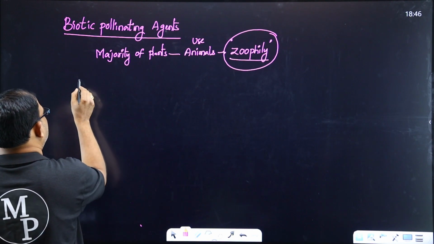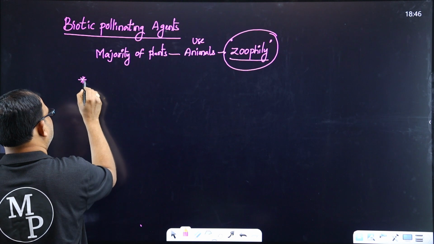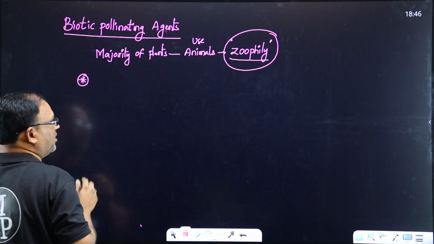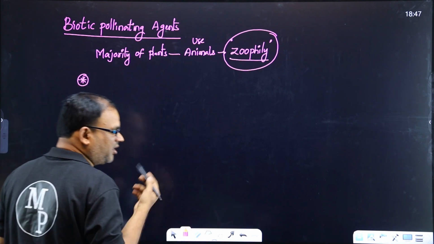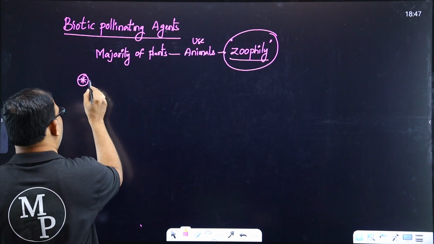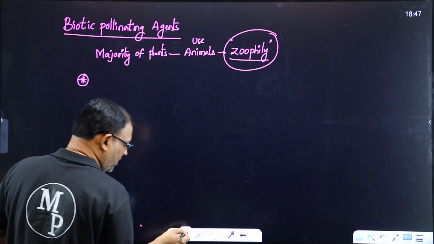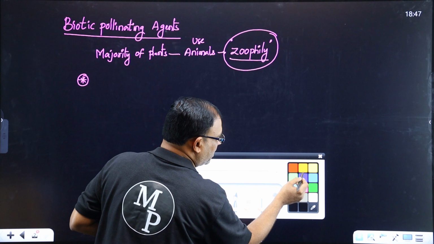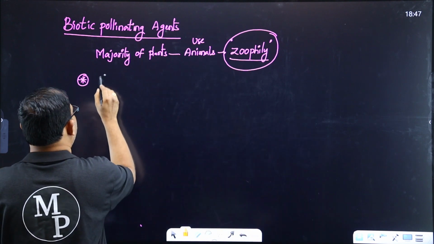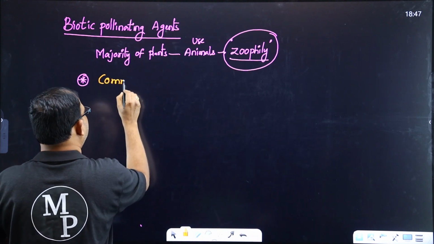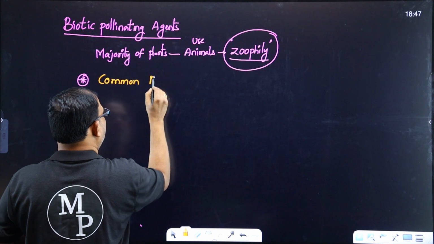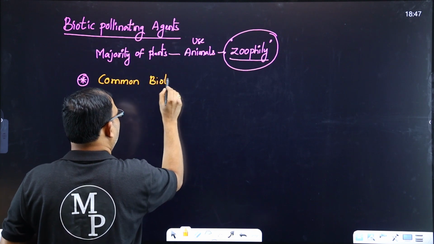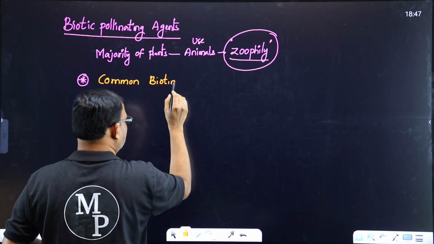Now, what are the zoophily types? The majority of the plants use animals in that. Particularly, what are the common biotic pollinating agents?